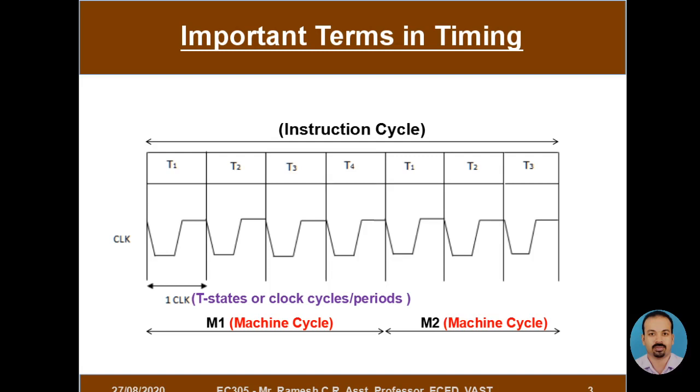These are the major terms involved in defining the timing of operation of the microprocessor.